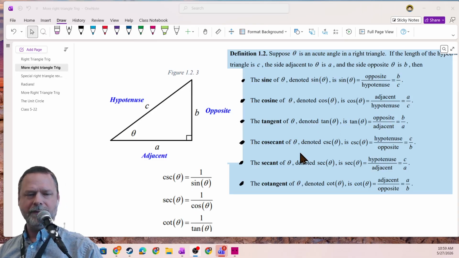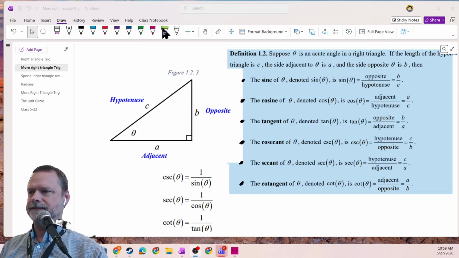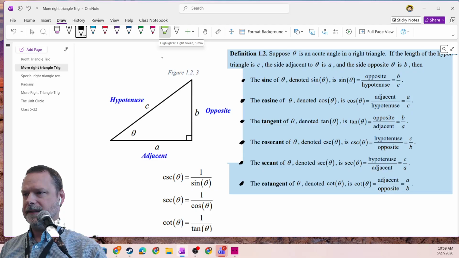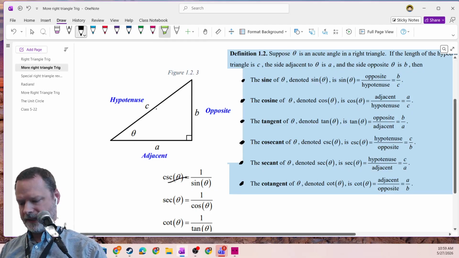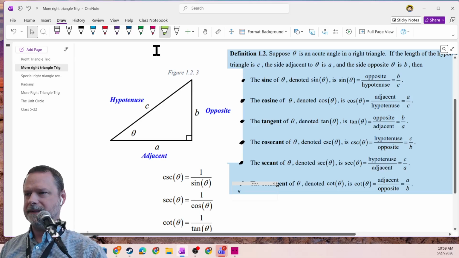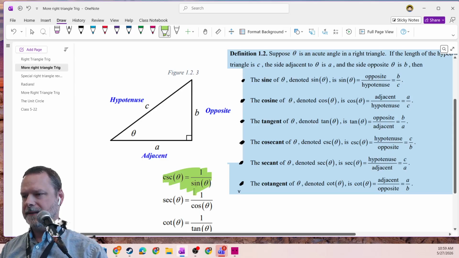But we also have cosecant, secant, cotangent. There are these definitions, but I like to use these here.